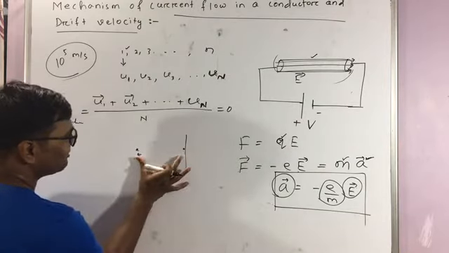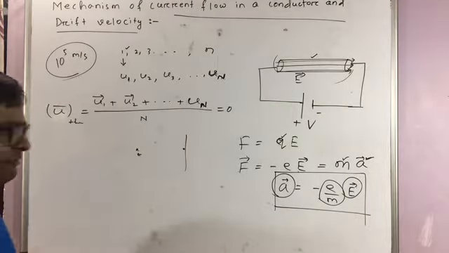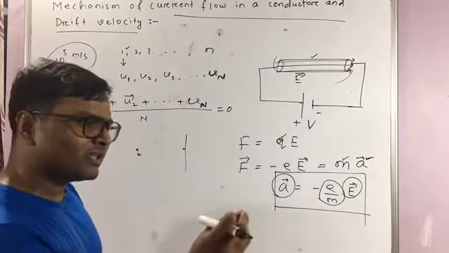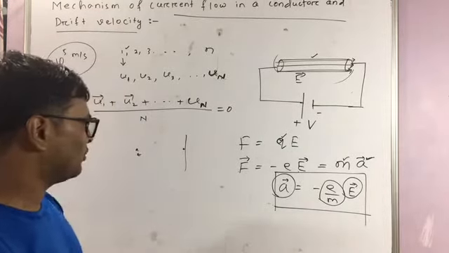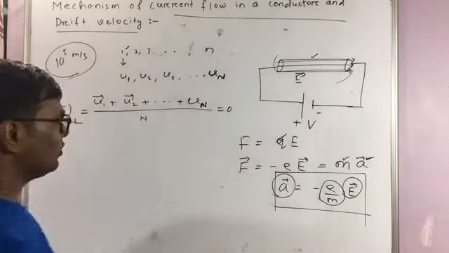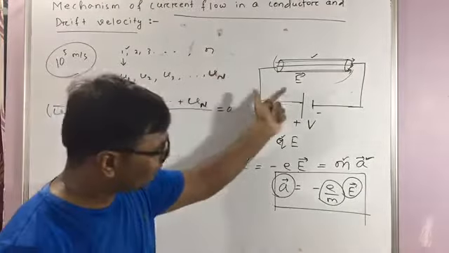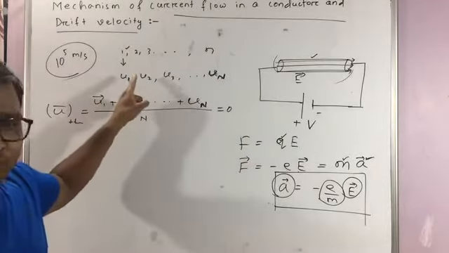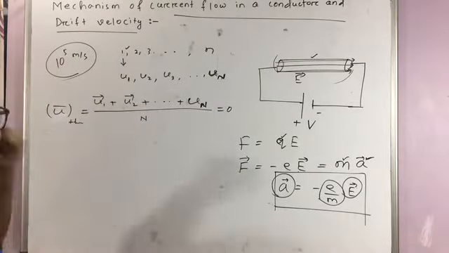The time interval between these two points is called relaxation time. Or we can define it as the time gap between two successive collisions of an electron. Clear? So my point is, the electron acquires a velocity apart from the thermal velocity, because this thermal velocity is because of the outside energy.